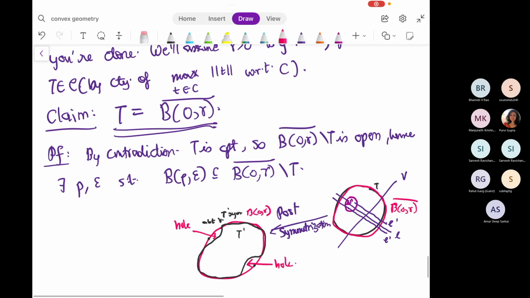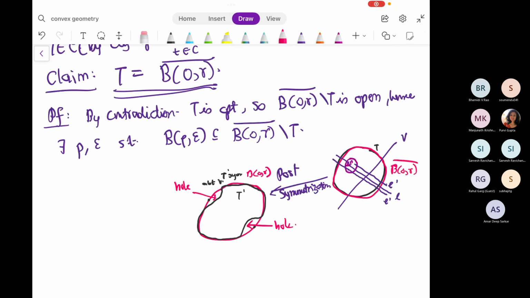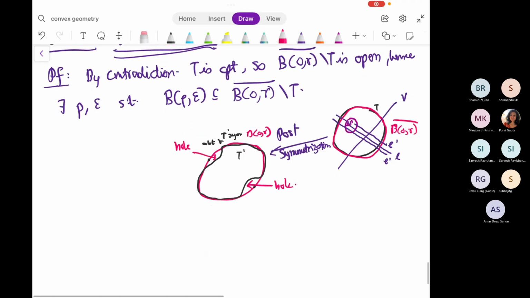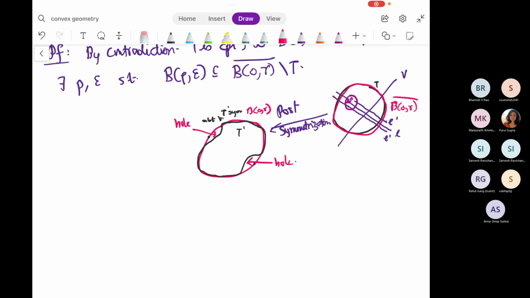And now once you have holes at the boundary, you can move them around by the previous lemmas. And you only need finitely many movements because of compactness of the boundary.